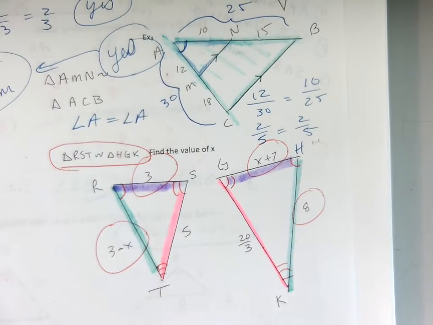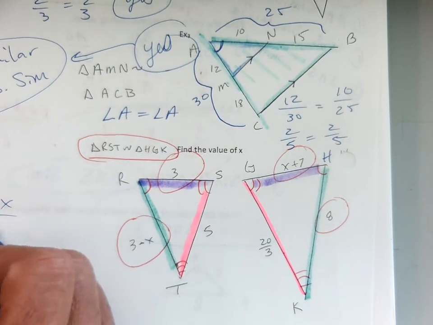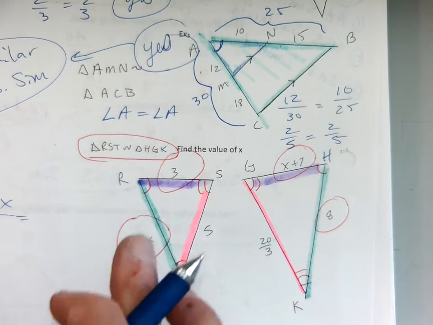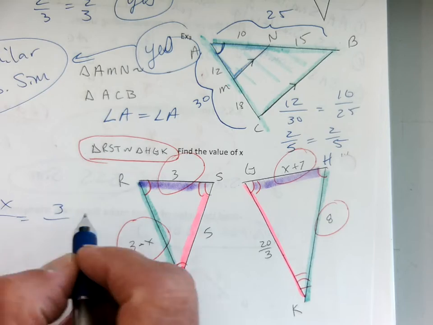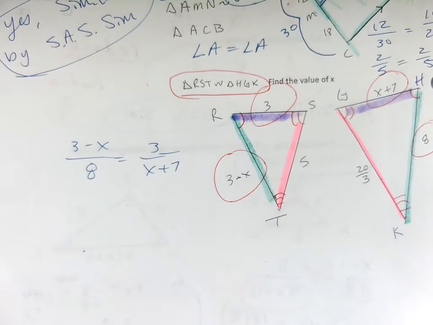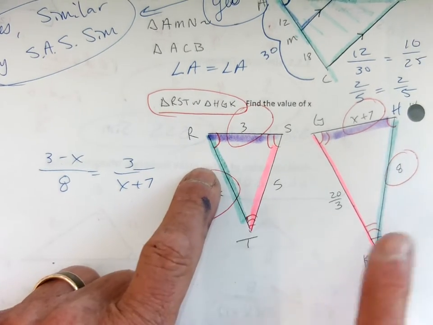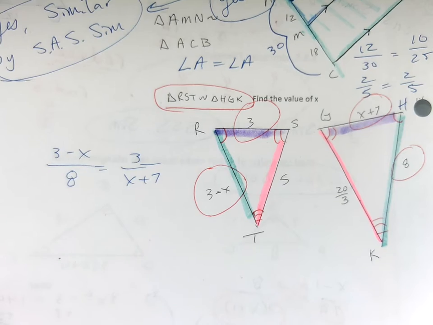So I'm going to go, okay, 3 minus x goes to 8 as 3 goes to x plus 7. How am I doing? Does that make sense how I set that up? Green to green, purple to purple. Colors are always so nice, aren't they?